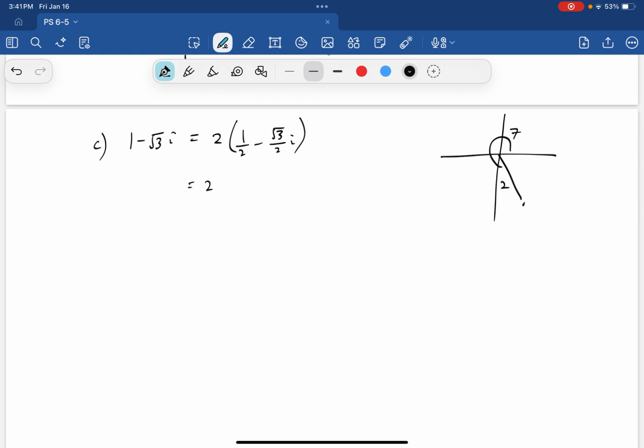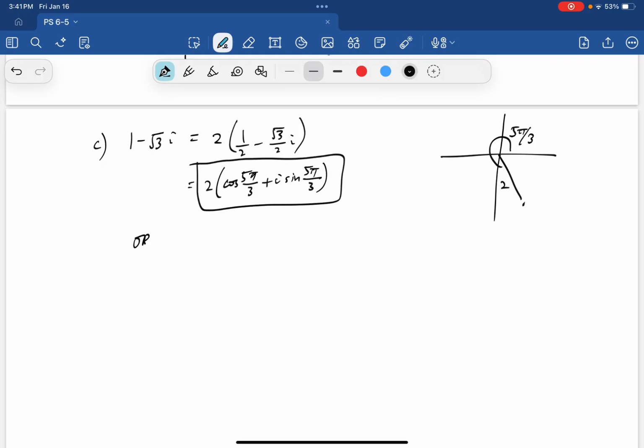It's an angle of 5 pi over 3. Plus i sine 5 pi over 3. Could have also had negative pi over 3.